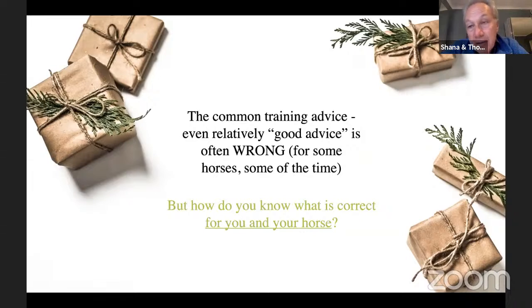And usually it means the training program is correct, right? But if the horse gets worse, or if an exercise or an aid or something you're doing is making the horse harder, stiffer, more crooked, and so on, then it's obviously not the right thing to do at this moment in time for that horse, right?